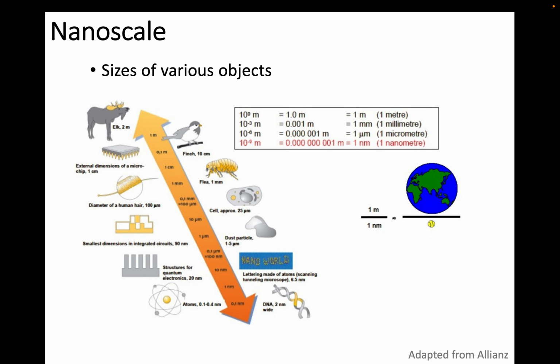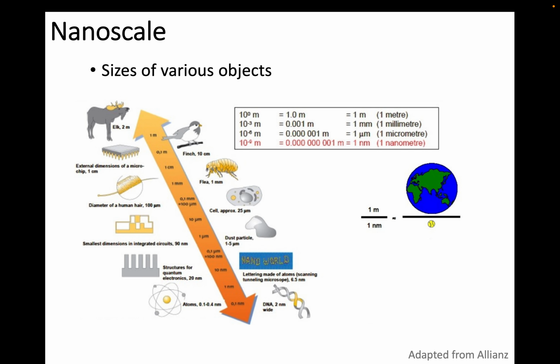And then you can actually make a letter made out of atoms, and that size is only about 6.5 nanometers, and DNA is only 2 nanometer wide, and then the atom, the smallest object, is essentially 0.1 to 0.4 nanometers, or 1 to 4 angstroms, okay.